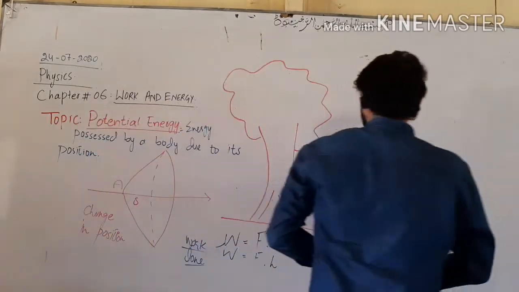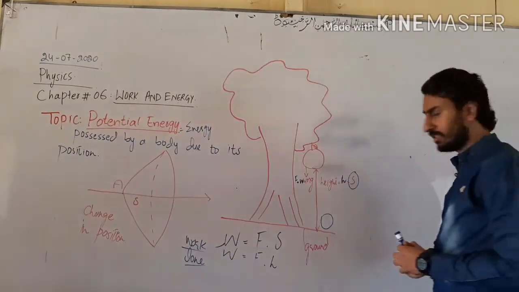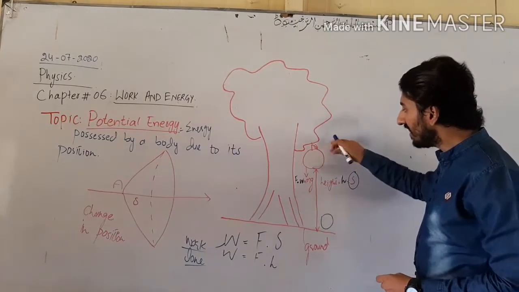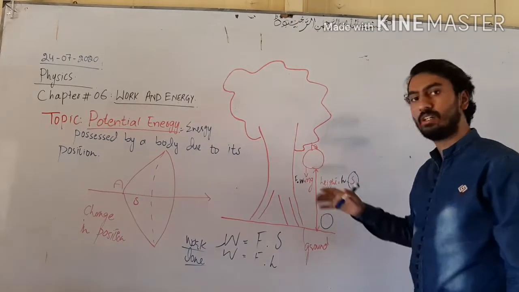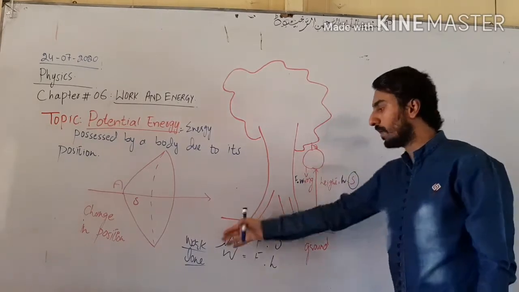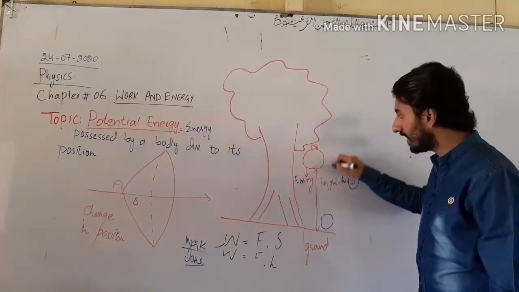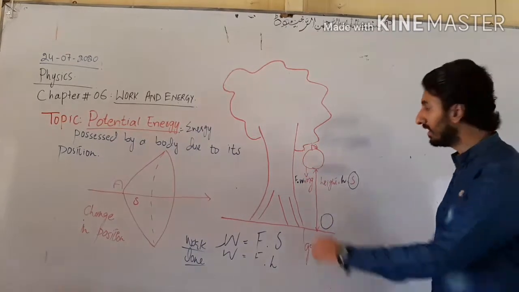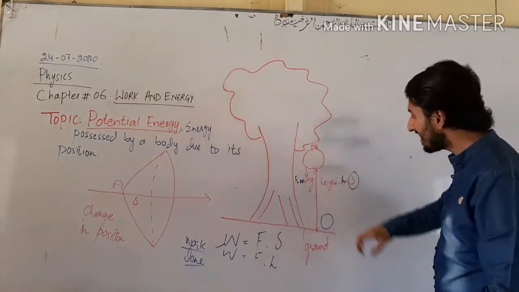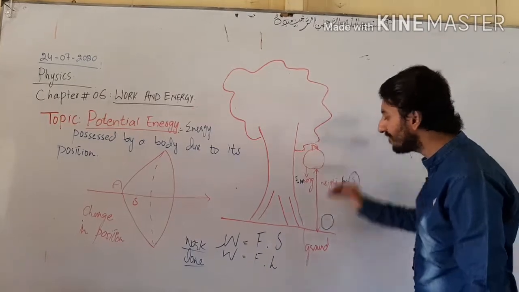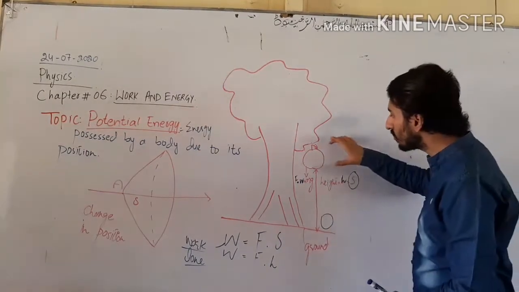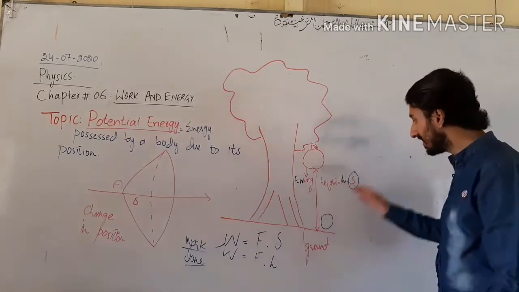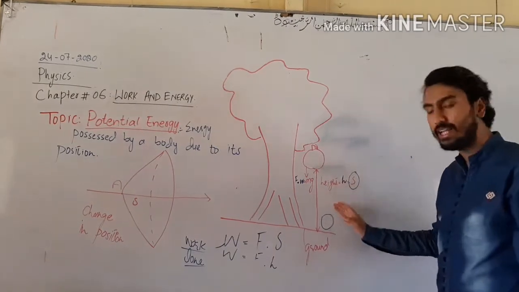You can see that the apple was at rest. It was not moving. But even in the state of rest, it was able to do work. This work done is due to its height, because the apple was at some height from the ground. In order to come from this position to this position, it covers some distance, equal to the height.